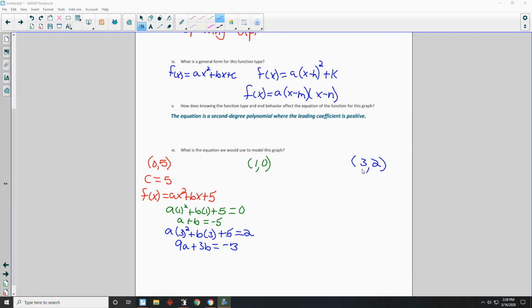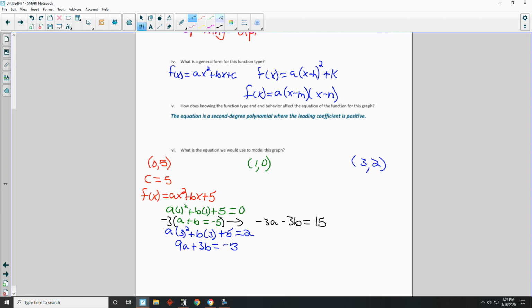Okay, so now we're going to finish this by solving a linear system. I have a plus b equals negative 5, and 9a plus 3b equals negative 3. If I take a plus b and multiply it by negative 3, that yields negative 3a minus 3b equals positive 15.